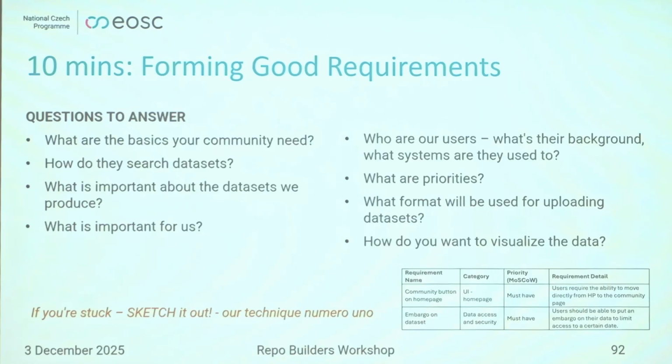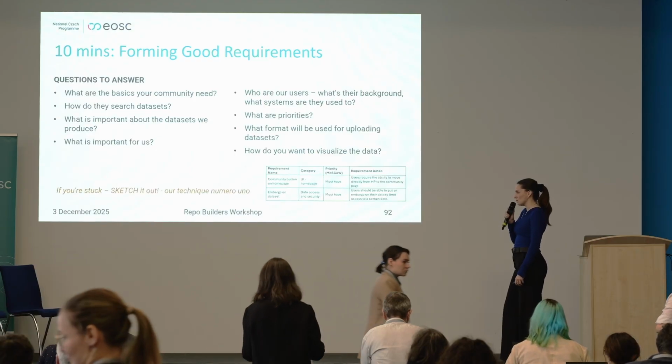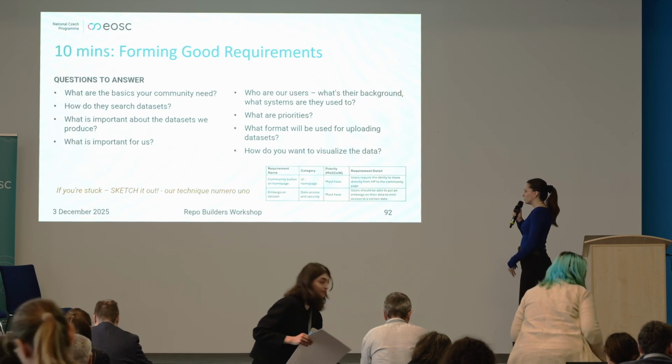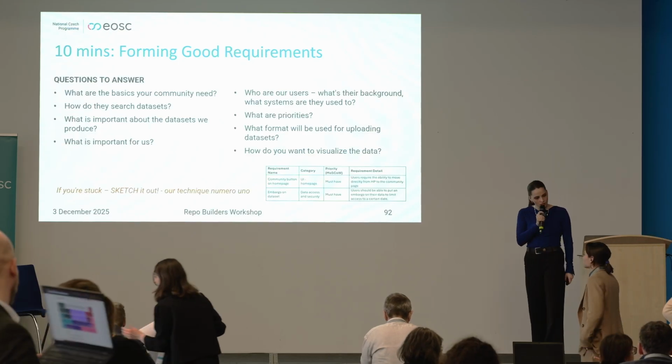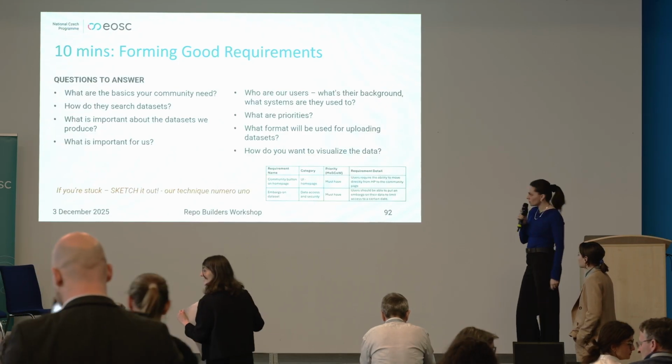We will be walking around and we will try to help you in forming a good requirement. And here are some questions. Here is an overview of the table, how to make a category, give it a priority, and try to think what is important, for example, about the datasets, or what is important for you.